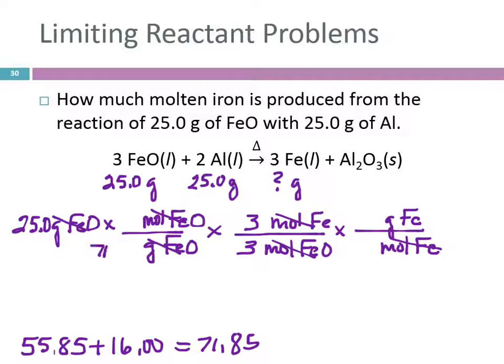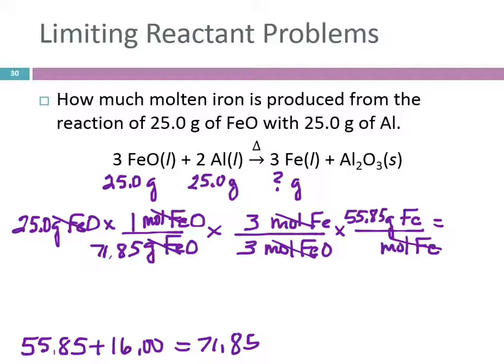So 71.85 down there, it's 1 mole. Then this one's easier, it's just an element. No calculations, 55.85. Because when you get to grams to grams, I can't look at it and tell you which one is going to be limiting or how much you're going to make.